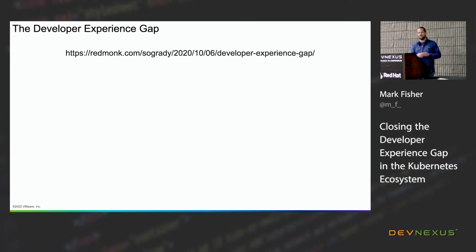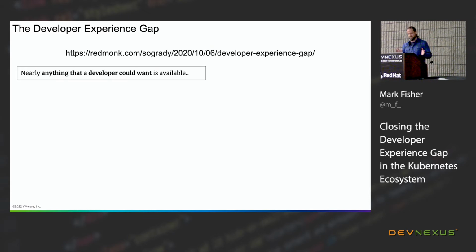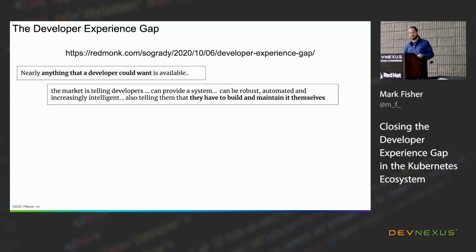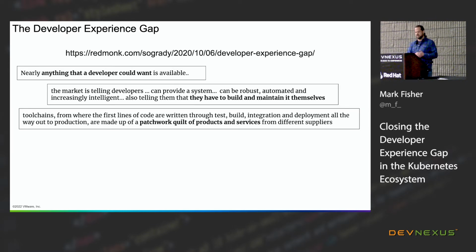So this article, I highly recommend reading it. You'll notice here in a moment that I had a hard time finding just a couple quotes to include, so I've included a lot. But the main point here is, like we saw on that slide and all these public services, there's everything a developer could possibly want, but the challenge becomes how you put all those pieces together.